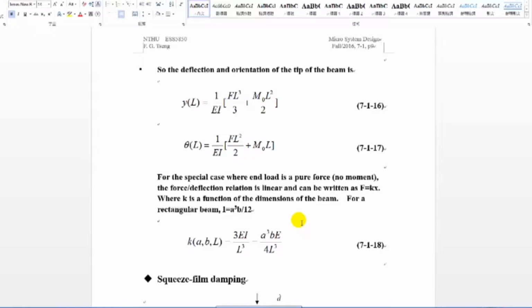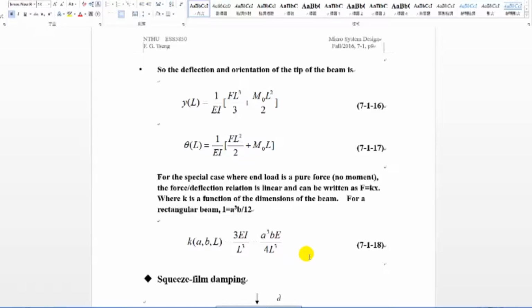Here the displacement can be the deflection y of the beam, so x is exactly the y here, and the F will be here.